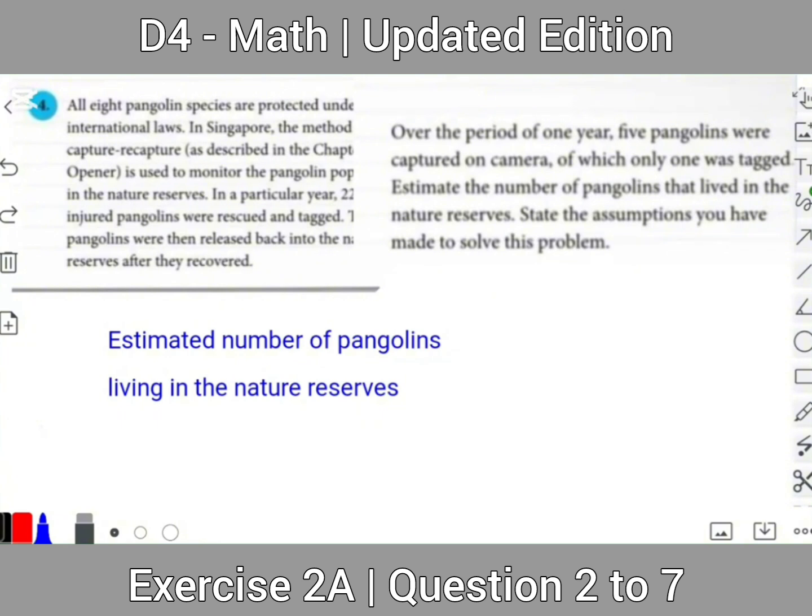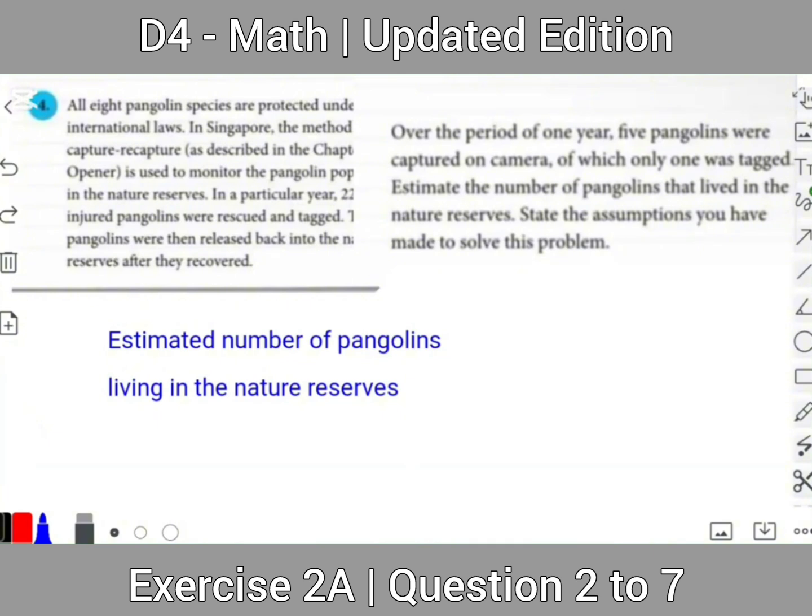The pangolins were then released back into the nature reserve after they recovered. Over the period of 1 year, 5 pangolins were captured on camera, of which only one was tagged. Estimate the number of pangolins that lived in the nature reserve and state the assumptions you have made to solve this problem.